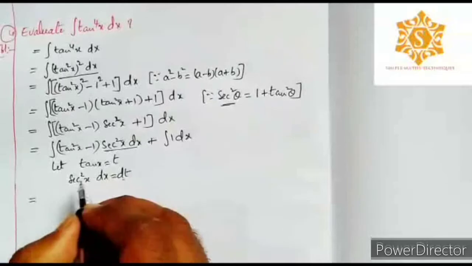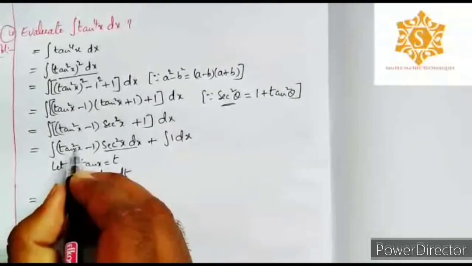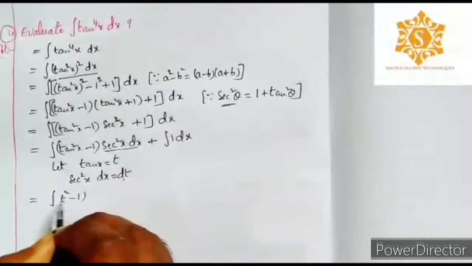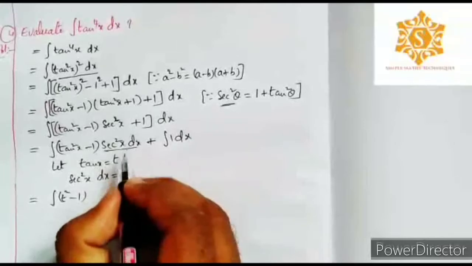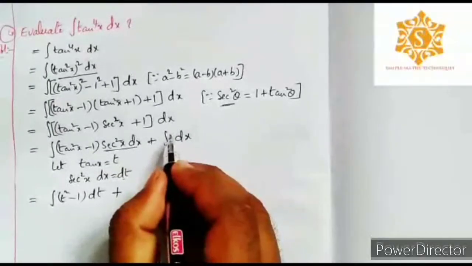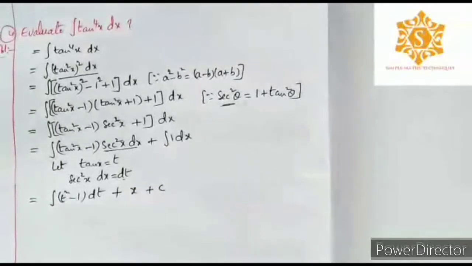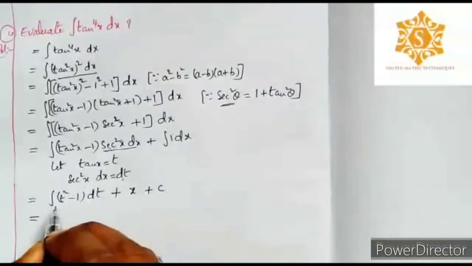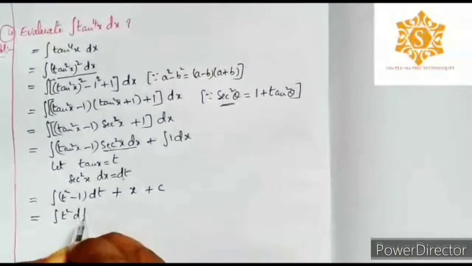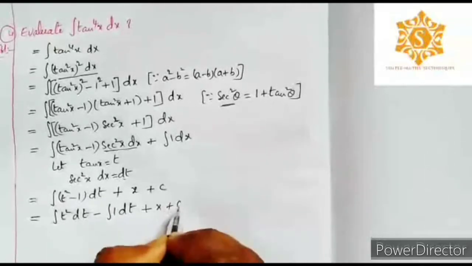So substitute these values in above, we get integration of tan square x minus 1, that is t square minus 1, into secant square x dx value is dt, plus remaining integration of 1 dx, that is x plus c. So now we separate the integration of t square dt minus integration of 1 dt plus x plus c.